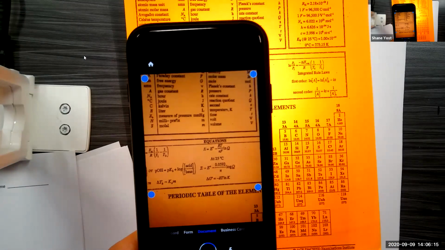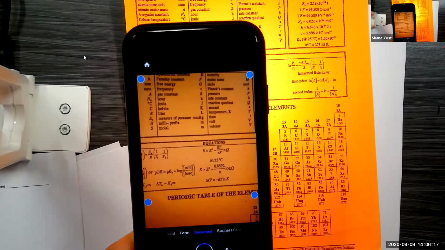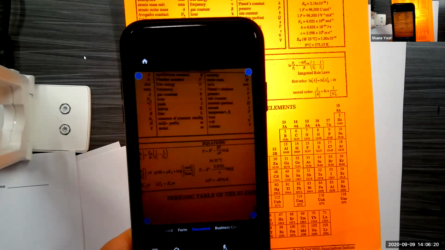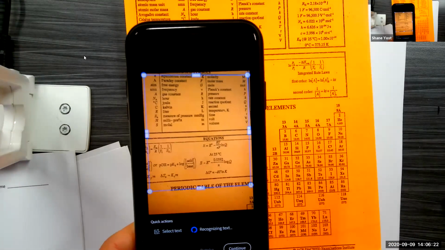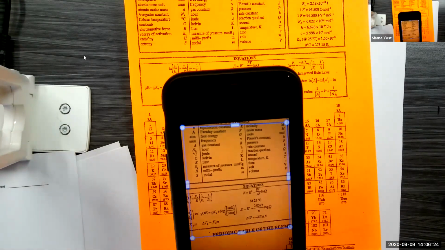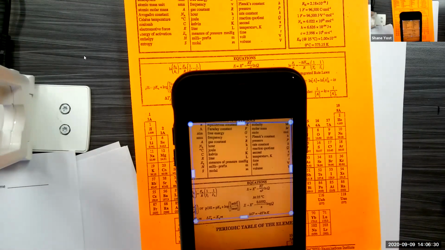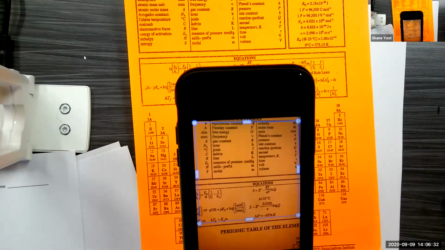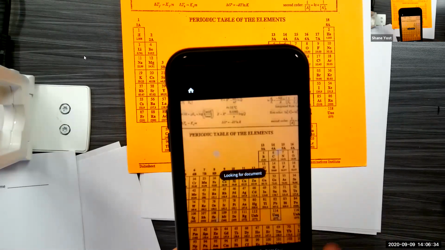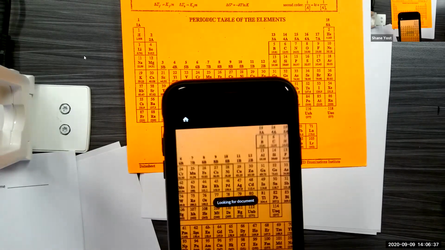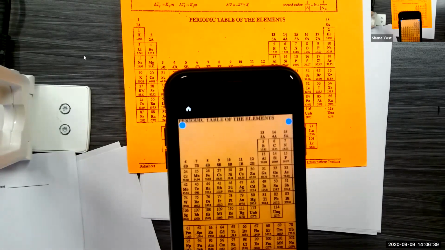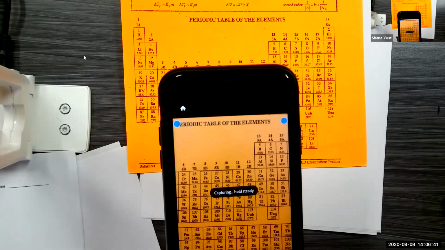You hold it up over your document and wait a minute for it to adjust. Right now it's not working super quickly because I'm not really holding it over the entire page. But it'll try to figure out where the outline of the page is. You can change and crop it however you want, and then click continue, and it will keep on scanning pages as you keep clicking continue.